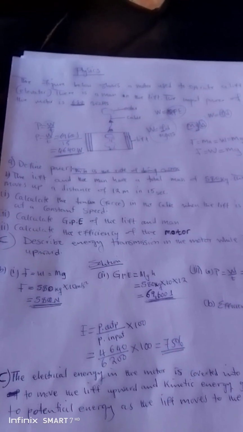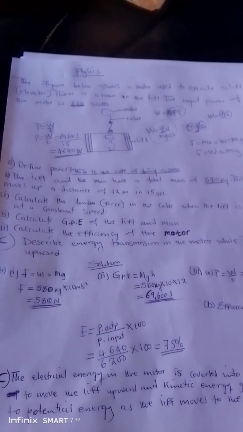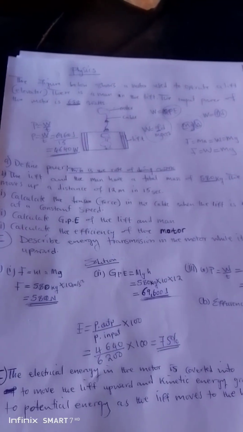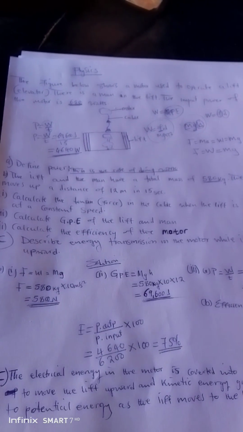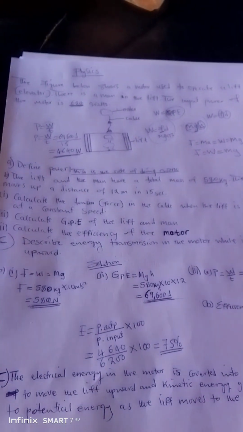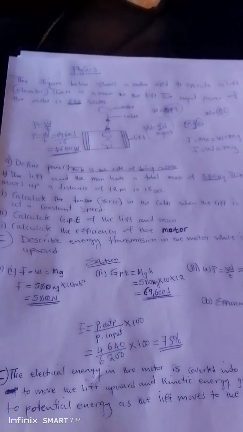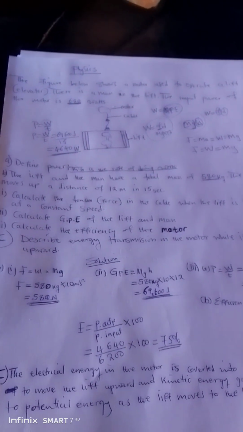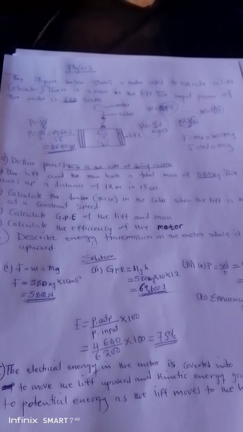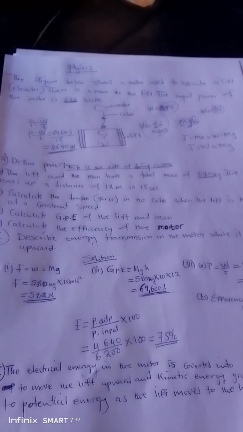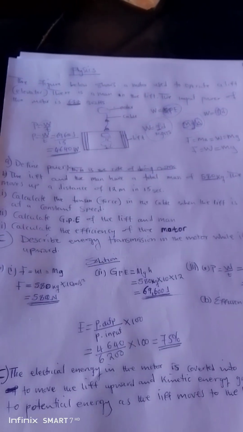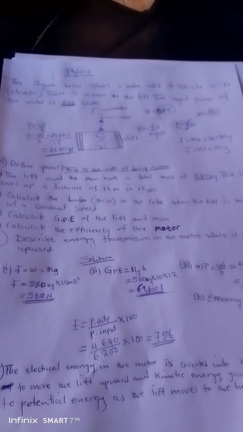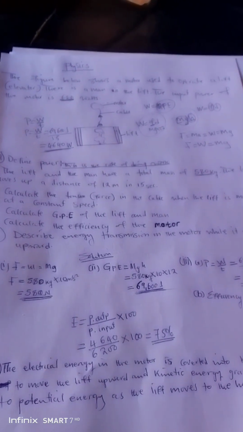Because mechanical energy is causing the motor to move the lift up, and when the lift is moving, the energy it exhibits is kinetic energy. Towards the stop, the kinetic energy is converted to potential energy, which is the energy that a body exhibits when it is at rest or at a stop.